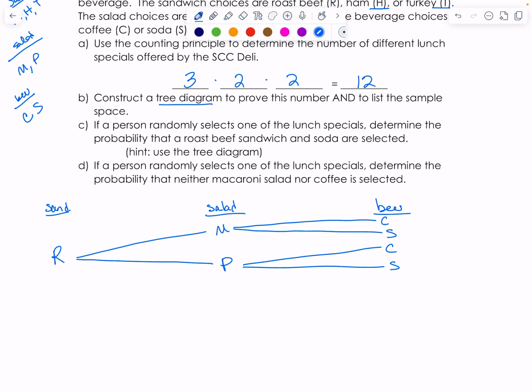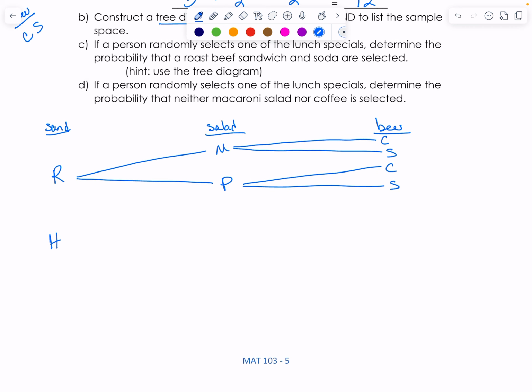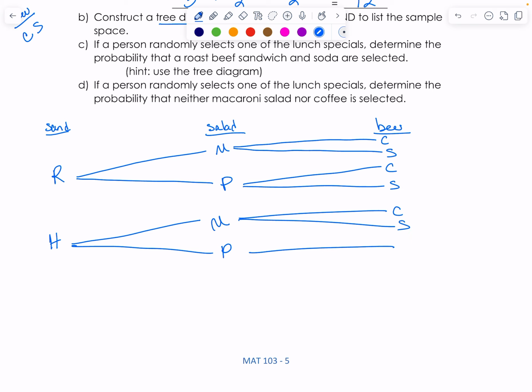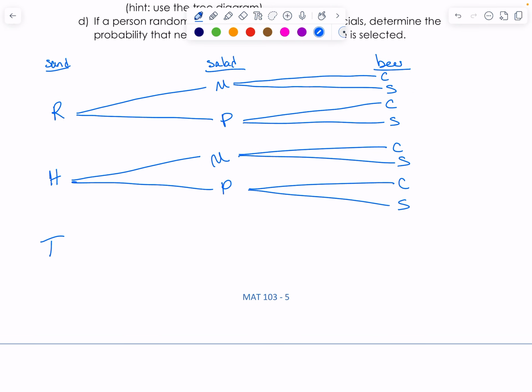So with my roast beef sandwich, I have 4 total choices for my whole lunch. Okay. Then we had ham. Ham was next, and we could have macaroni or potato, and for beverage, coffee and soda. And then the last one was what? Turkey. Same thing. Macaroni, potato, coffee, or soda.